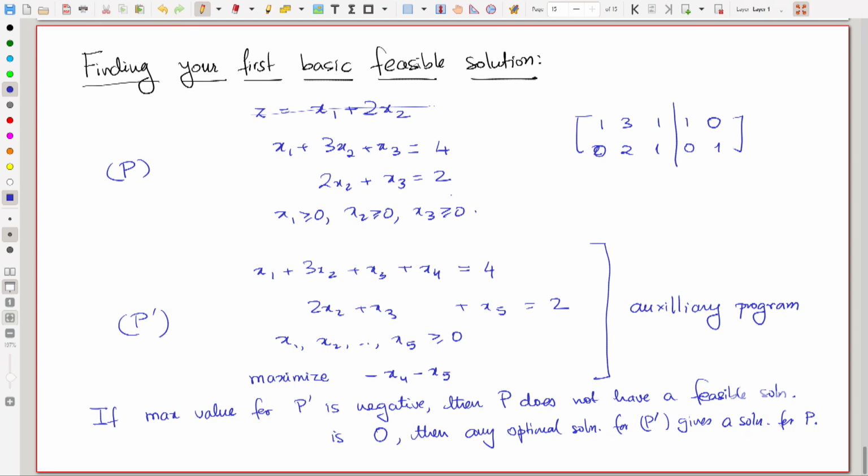That is very far from being feasible for the first. So in some sense you are starting with 0, 0, 0 for p, which is not feasible. So you are introducing these auxiliary variables to see how far it is from feasible, and then you are trying to reduce them. If you can reduce them to 0, then you will get a feasible solution.